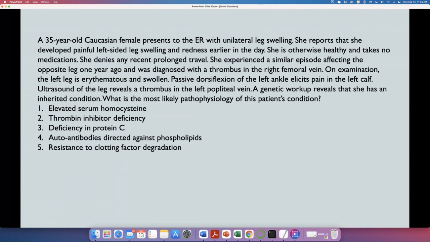She had a similar episode in the opposite leg 1 year ago, was diagnosed with a deep vein thrombus, and they show an ultrasound that demonstrates the thrombus in the left popliteal vein. Genetic workup reveals that she has an inherited condition. What is the most likely mechanism here? I'm going to give you a little time to think about this.